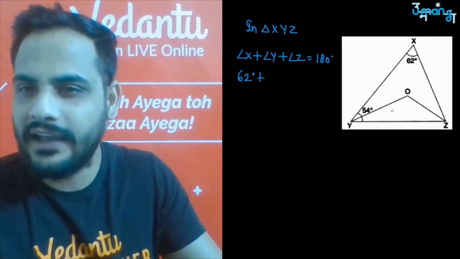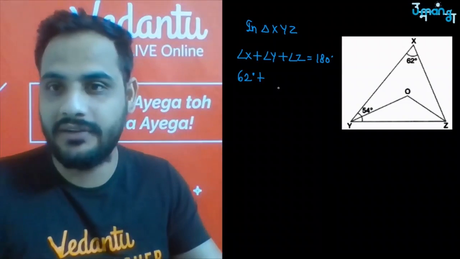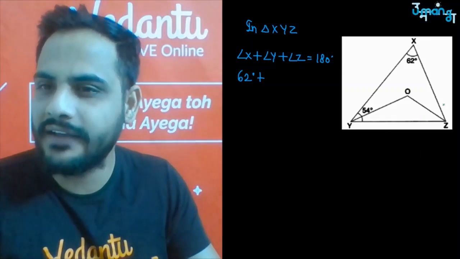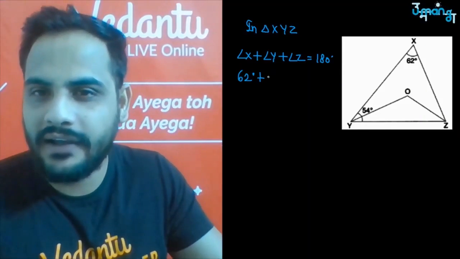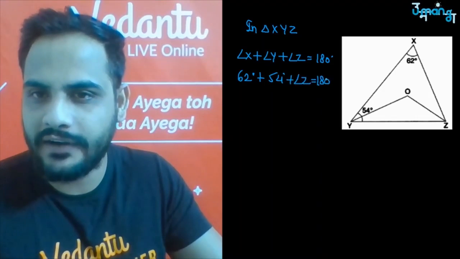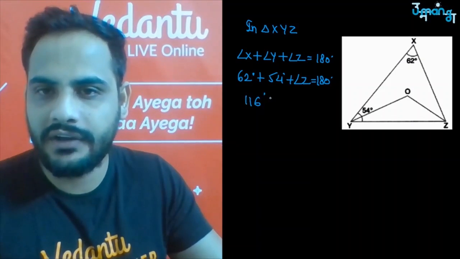Angle Y, this angle XYZ, the complete angle. Now I'm not writing the full name, but you have to write the full name in your examination. You will write angle XYZ plus YZX plus ZXY. So angle Y is 54 degrees plus angle Z, this complete angle, is equal to 180 degrees. So 62 plus 54 is 116, plus angle Z is equal to 180 degrees.